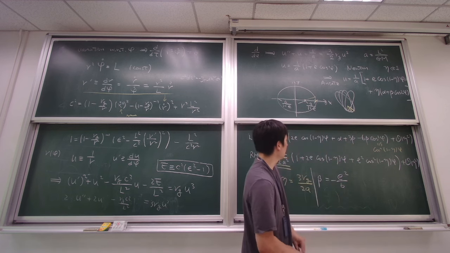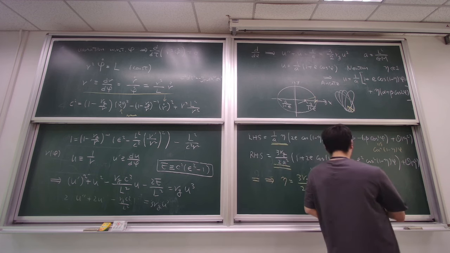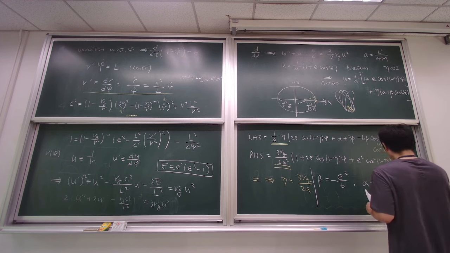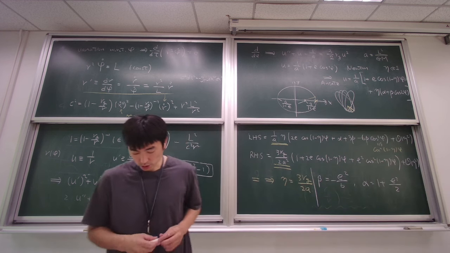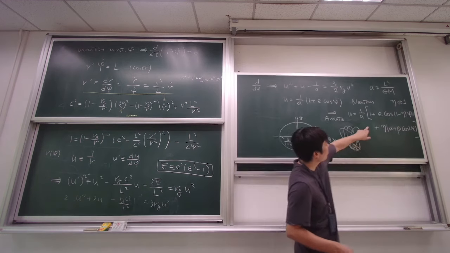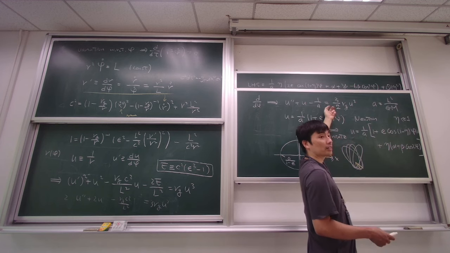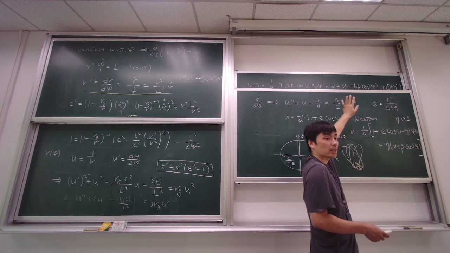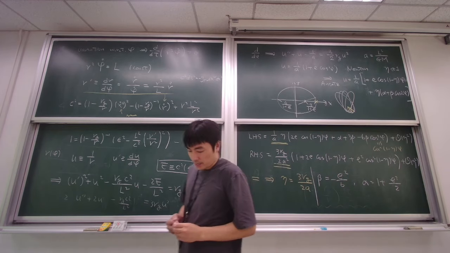Beta should be this term, and the 1 should be recovered from this one. So this gives you alpha is equal to 1 plus e squared over 2. Okay, so those are the equations you will get. And then plug this one into here. This is the approximate solution of the equation including the GR effect, including the right hand side. Fine.